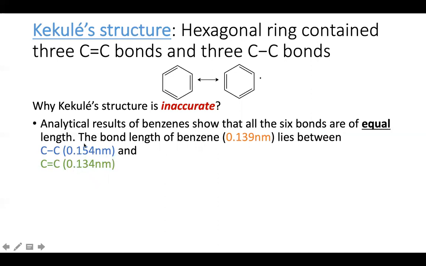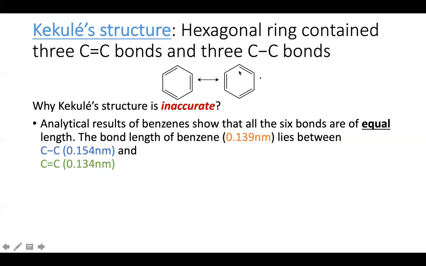Usually, any organic molecule that has a C-C bond will have this particular bond length. However, when they did some analytical measurements and analyzed the structure of benzene, it turns out that all the bond lengths in benzene are 0.139 nanometer. It is not a single bond, nor is it a double bond. It's somewhere in between, okay? The number lies in between. So that means the Kekulé structure is not exactly correct.